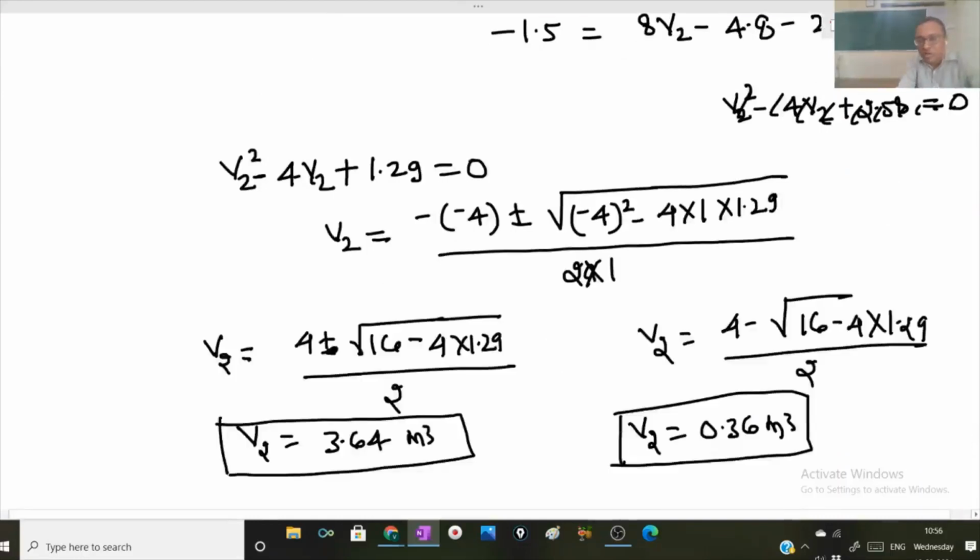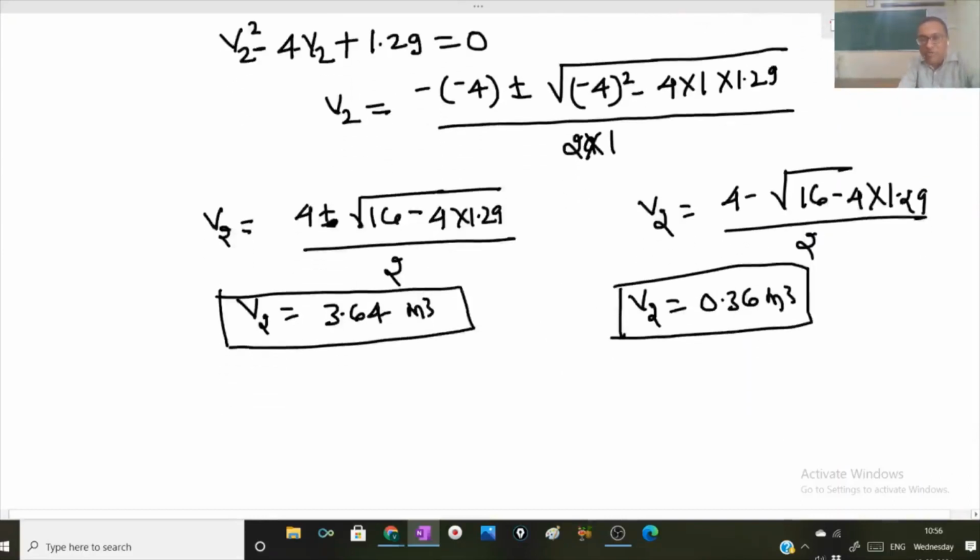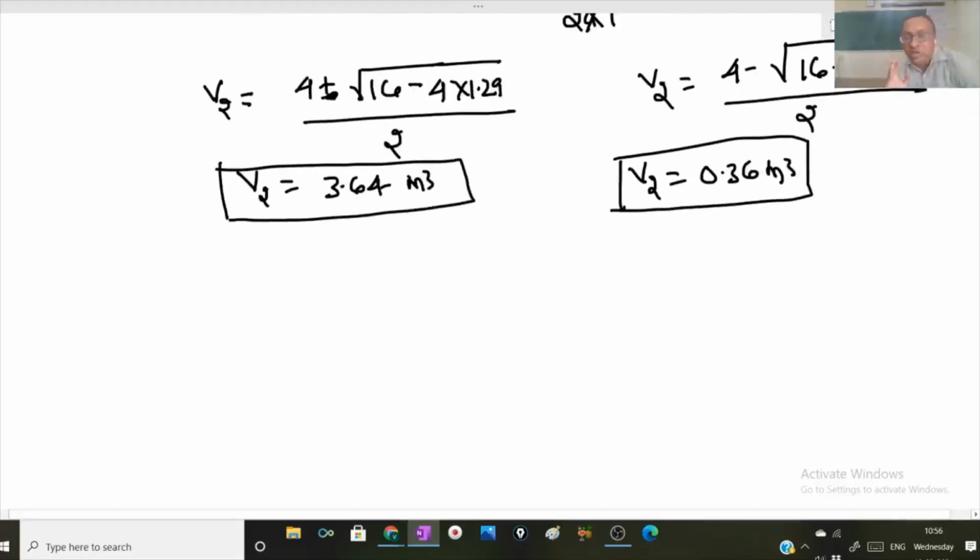Now out of these two values of final volume, which value is to be considered or which value is to be valid? See what I am saying. I could get the values of final volume as 3.64 meter cube and 0.36 meter cube. So only one value will be valid. Now I am saying the given process is compression process.